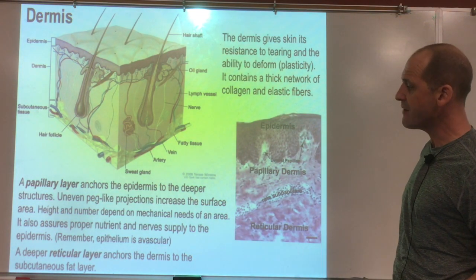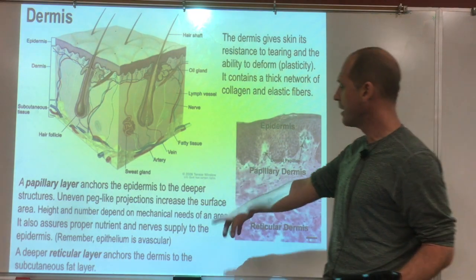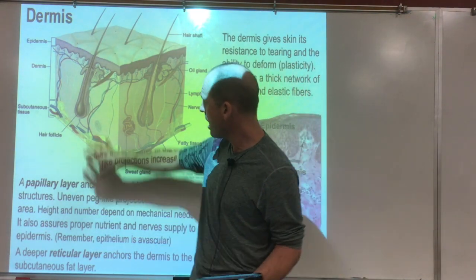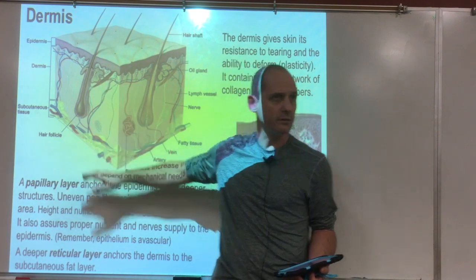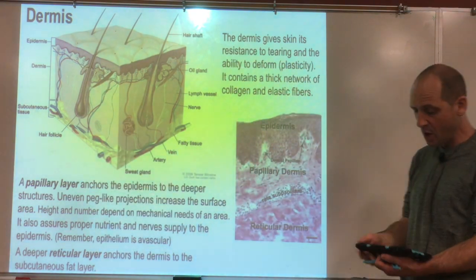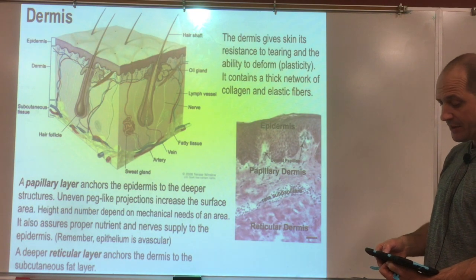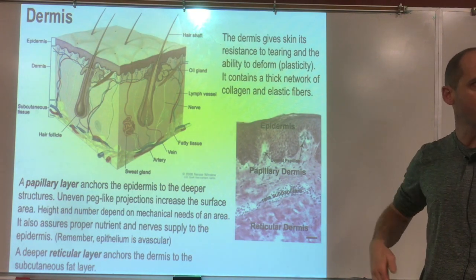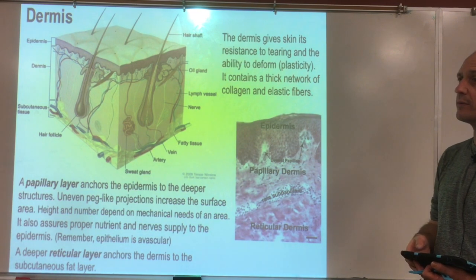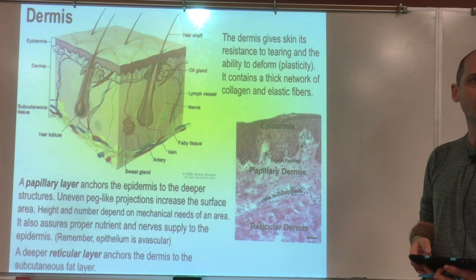And then below that we have a reticular layer, they call that, and that anchors the dermis into the subcutaneous fat layer. That's the insulator we've got. Underneath that we have more tissue, and then muscle, and so on. But the body comes in layers. You always want to remember that.